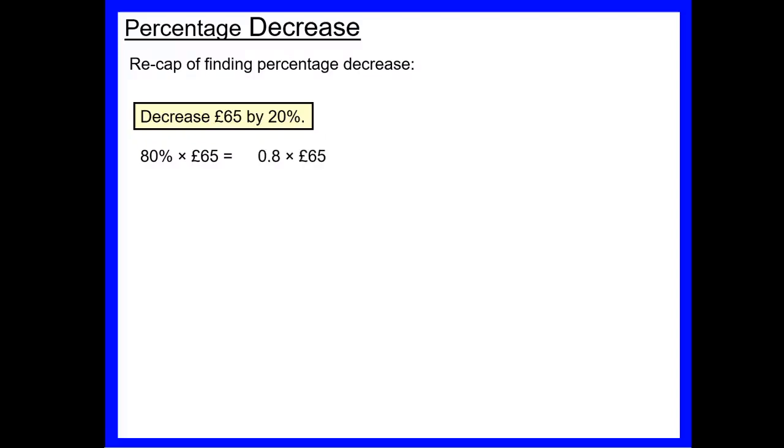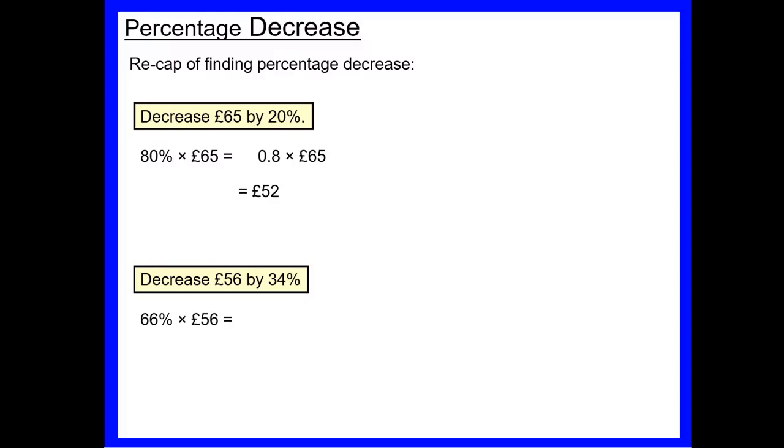So 0.8 times 65 is £52. Decrease £56 by 34%. Again, we have 100%, so to decrease, we've got to take off the 34%, so we're only finding 66% of £56. Let's change our percentage into a decimal multiplier, divide it by 100, gives us 0.66 times £56, which is £36.96.